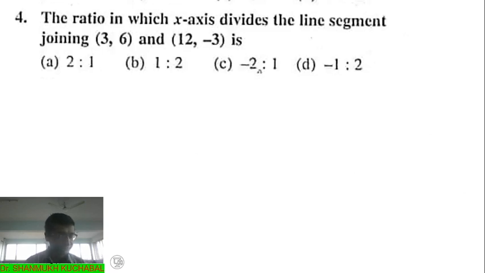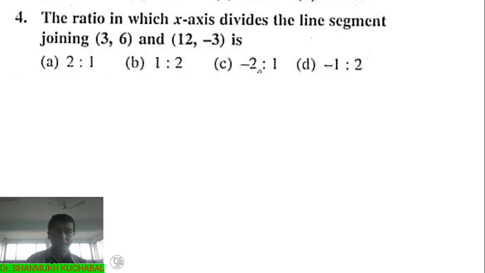Example number 4. The ratio in which the x-axis divides the line segment joining (3, 6) and (12, -3) is.